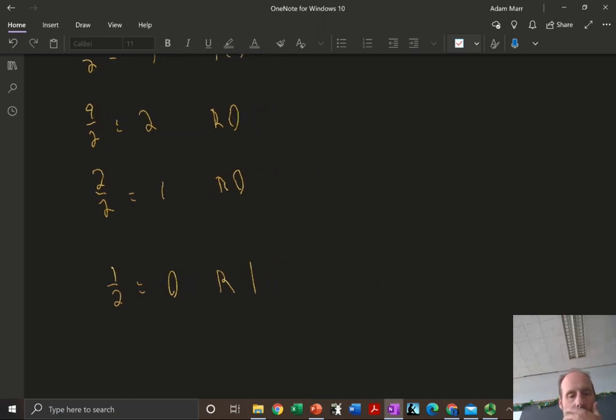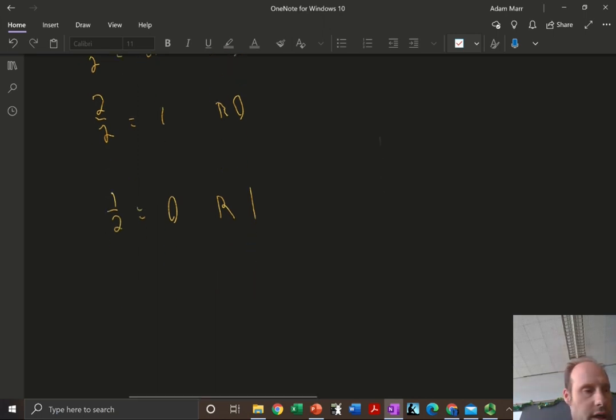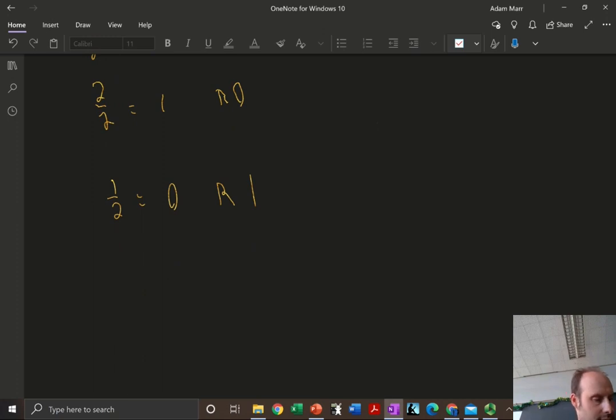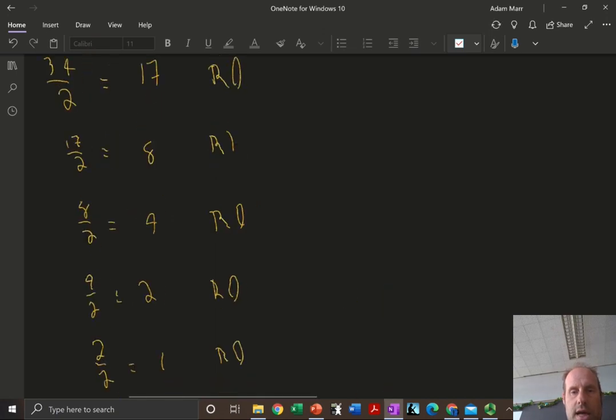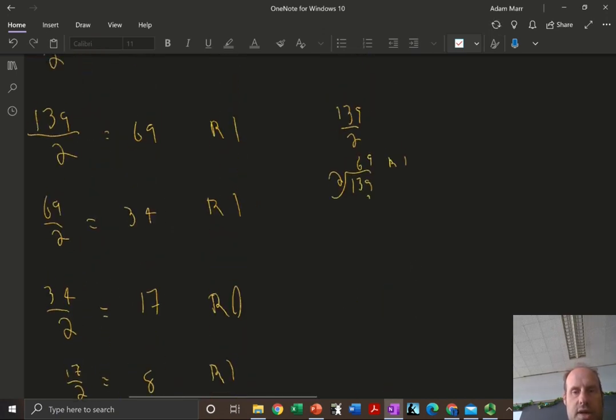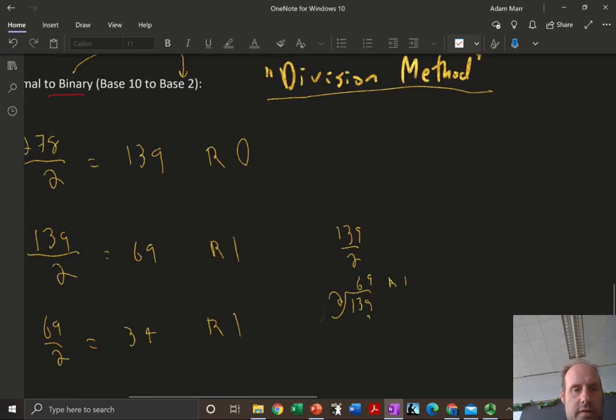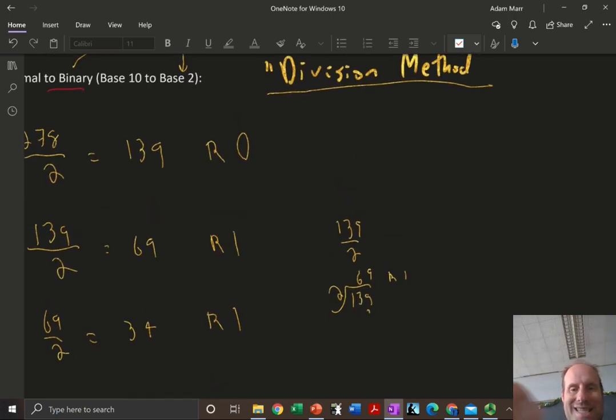Now, for our answer, we're going to start right here. This is called the most significant, and this one on the very top is called the least significant. I'll write LS on the very top for least significant.